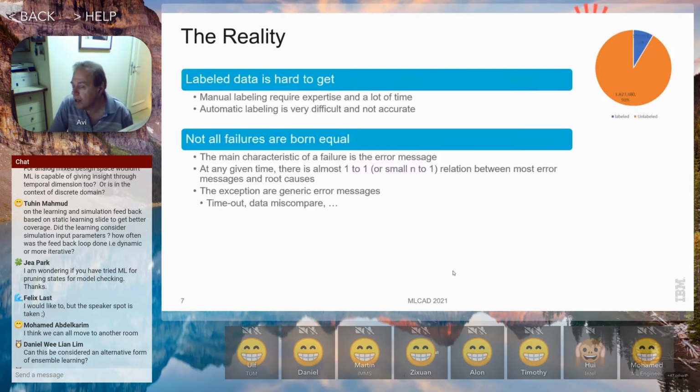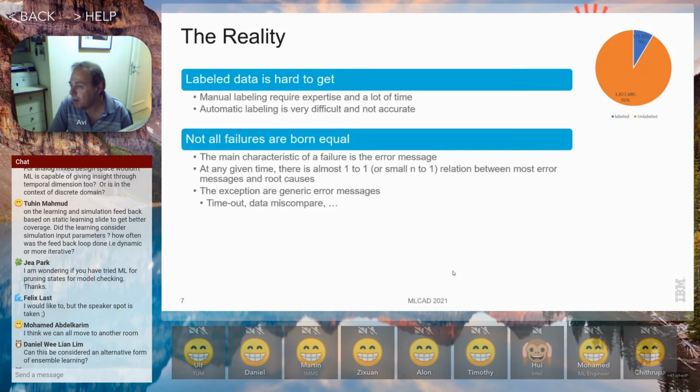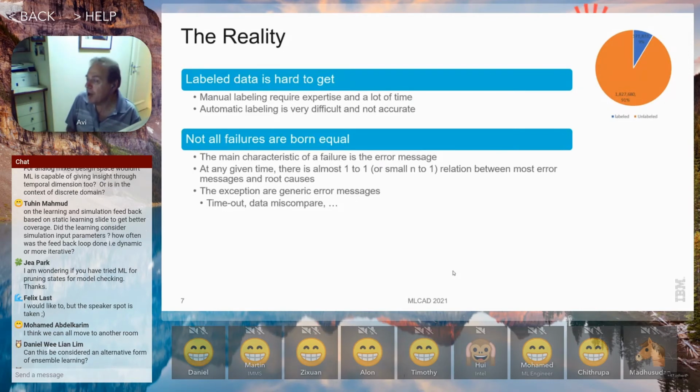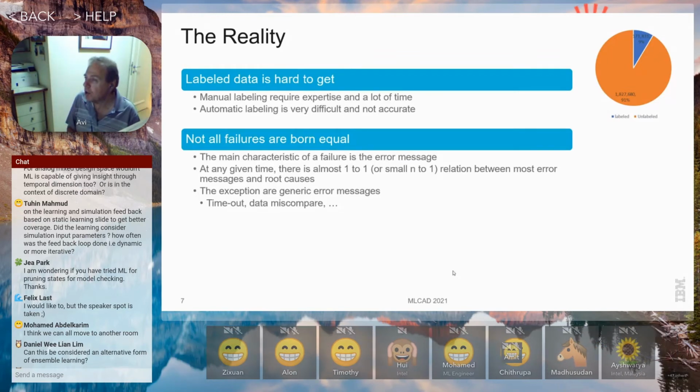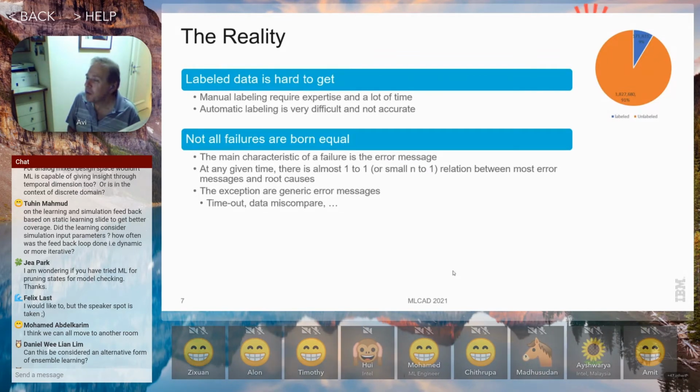So if I see two failures with the same error message, they are coming from the same root cause. If I see them coming with a different error message, they are most probably coming from a different root cause. And again, this is at a given point of time. When time changes, this labeling is not correct, but the window we had is small enough for this to hold.